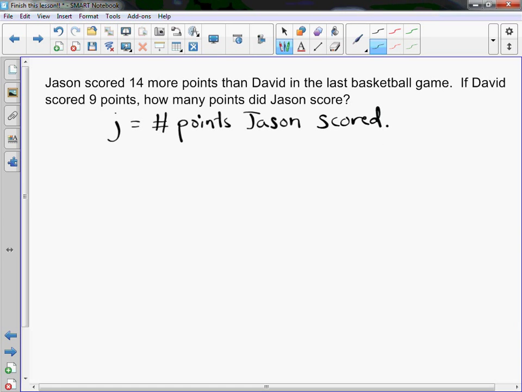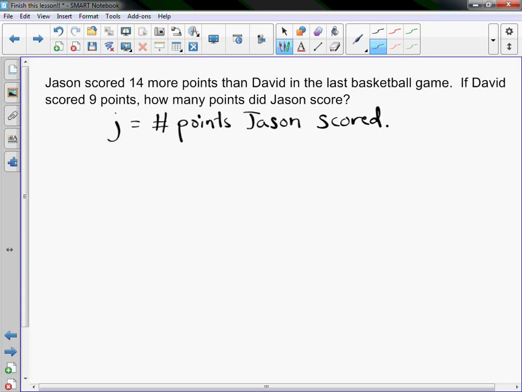Okay, so let's take that and the information in the sentences to figure out an expression or an equation to solve for J, or to find J. Jason scored 14 more points than David in the last basketball game. If David scored 9 points, how many points did Jason score? Well, David's points plus 14 gives you Jason's, right?